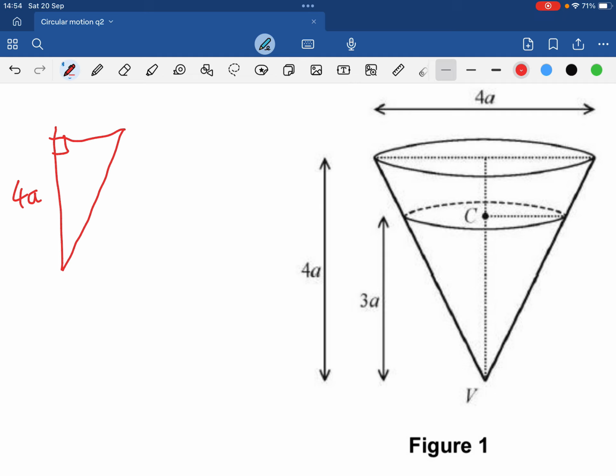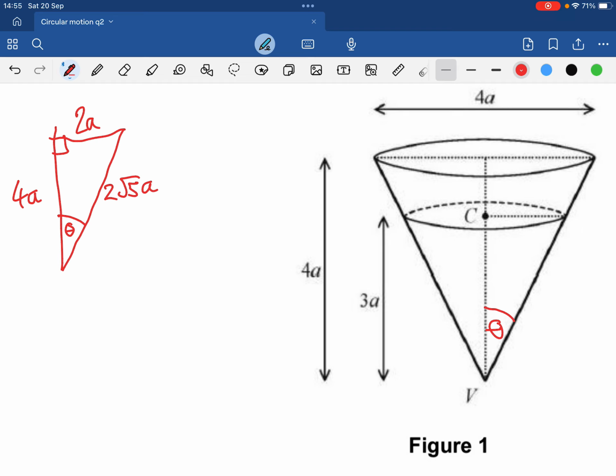This is the height of our cone, and half of the diameter, our radius of our cone, would be 2a. Like in the previous question, we will consider theta from the vertical. So I'll label a theta in here. And with some Pythagoras, 4 squared plus 2 squared is 20. And root 20 will be 2 root 5a for this side.